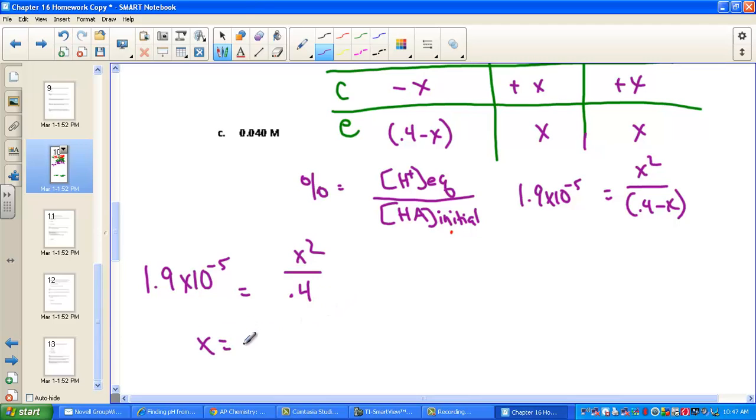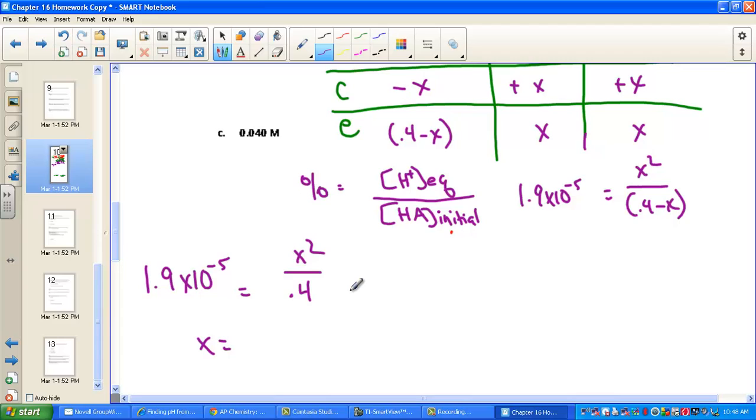Let's solve that first, and if it gets us too big, then we'll have to back up and solve for the quadratic equation. Always assume less than 5%. Be pleasantly surprised if it works, and if not, then back up and use the quad formula. So with this particular key sequence, to pull out X, we will hit 1.9 e negative 5 times 0.4, and we get a value of X squared, 7.6 times 10 to the negative 6.